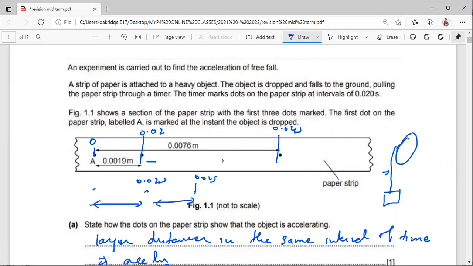Therefore the distance covered over here would be 0.0076 minus 0.0019. Just calculate that. 0.0076 minus 0.0019 should be equal to 0.0057.